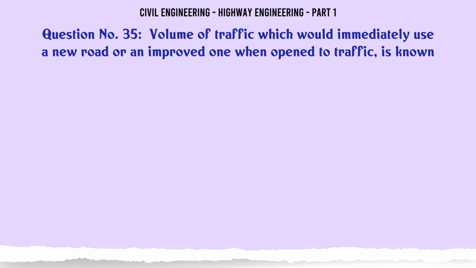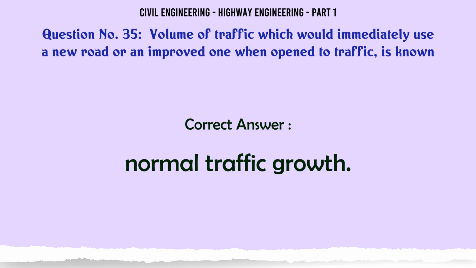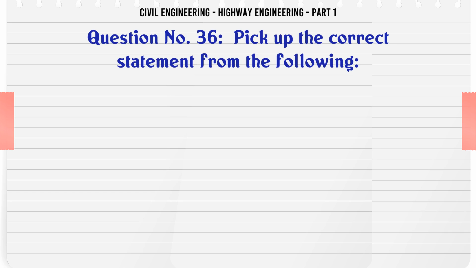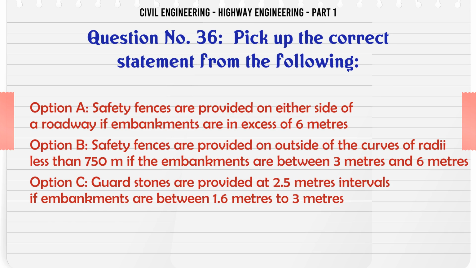Volume of traffic which would immediately use a new road or an improved one when opened to traffic is known as: A, development traffic; B, current traffic; C, general traffic; D, normal traffic growth. The correct answer is normal traffic growth. Pick up the correct statement from the following. A, safety fences are provided on either side of a roadway if embankments are in excess of 6 meters.